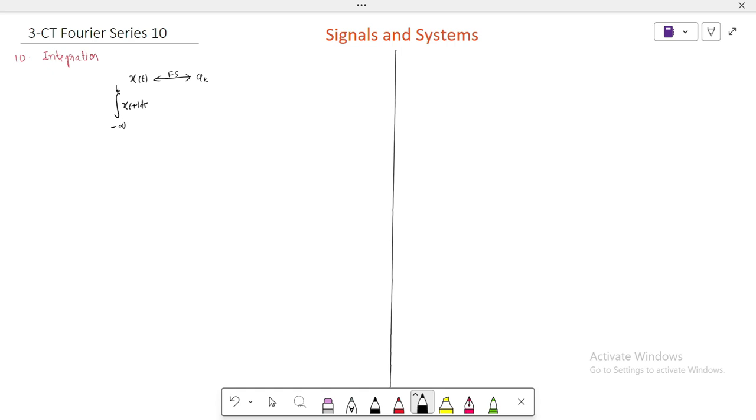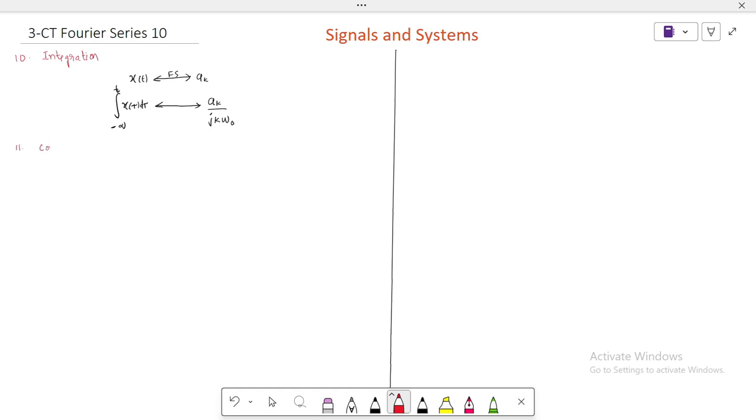Now the next one, complex conjugate symmetry. Conjugate symmetry for real signals.